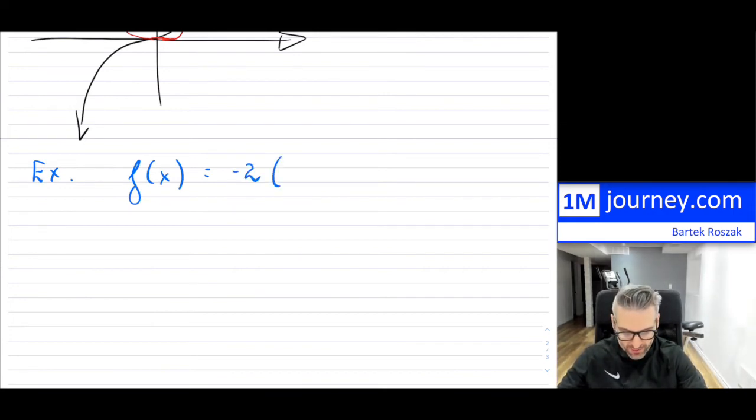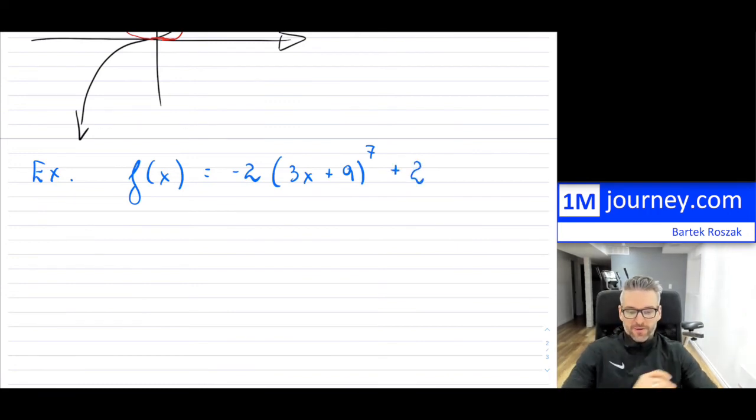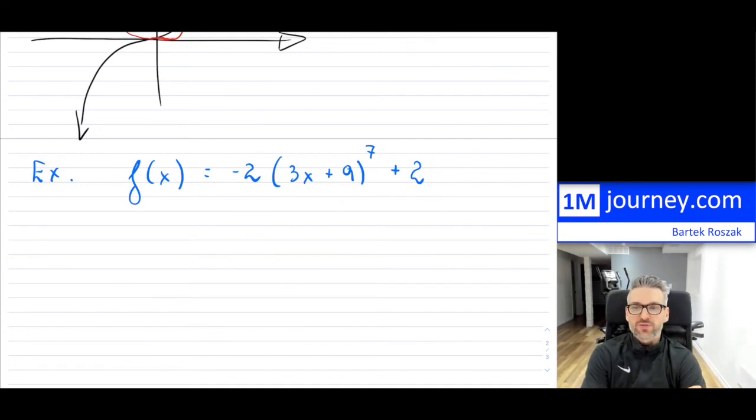So let's put -2(3x + 9)^7 + 2, like this. When it is in this form, it looks very much like power functions. This is to the 7, so this is order 7.